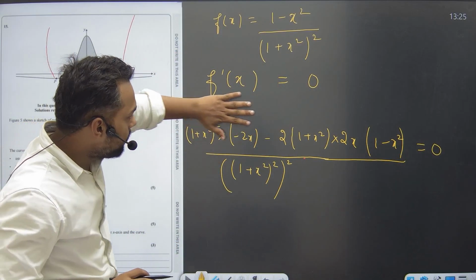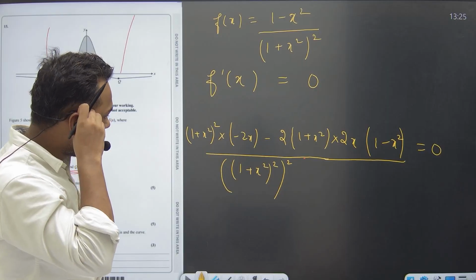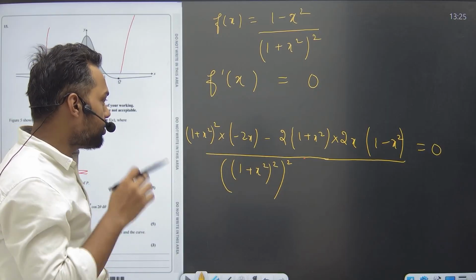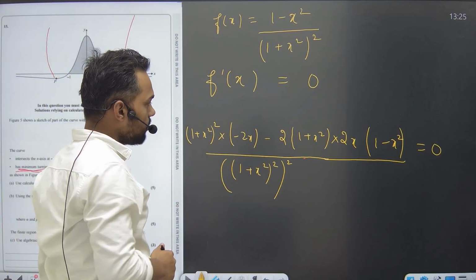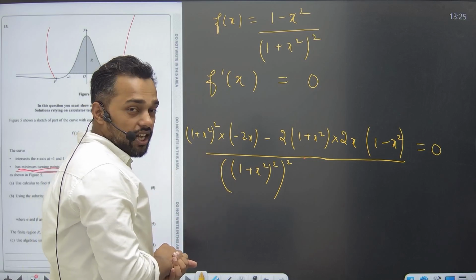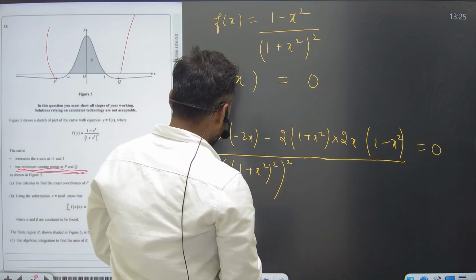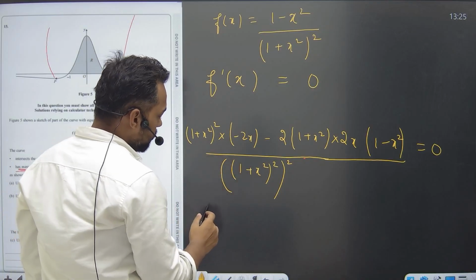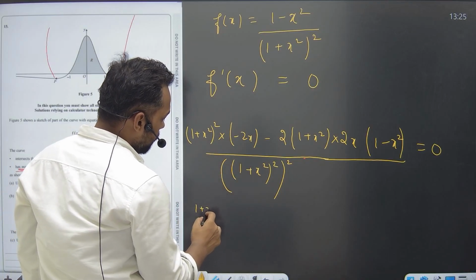Now we can see 1 plus x squared is common in the numerator and it is common in the denominator too. So if I take 1 plus x squared as a common part, what will be left here?